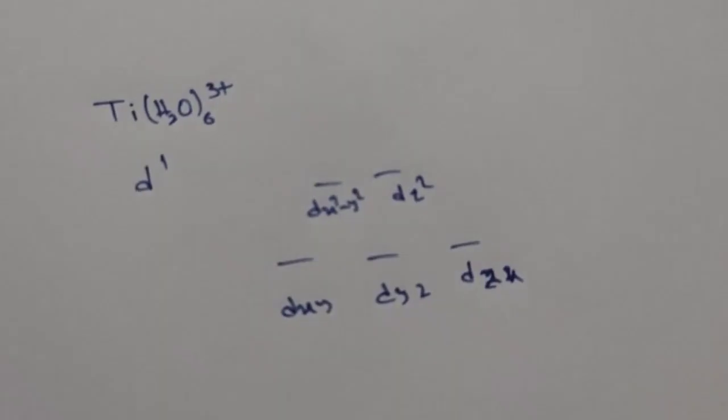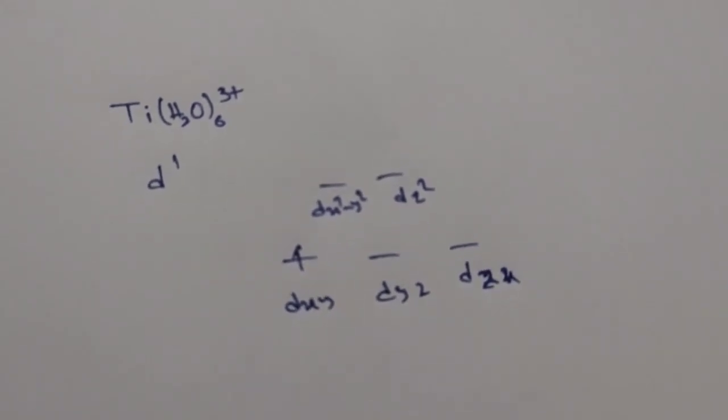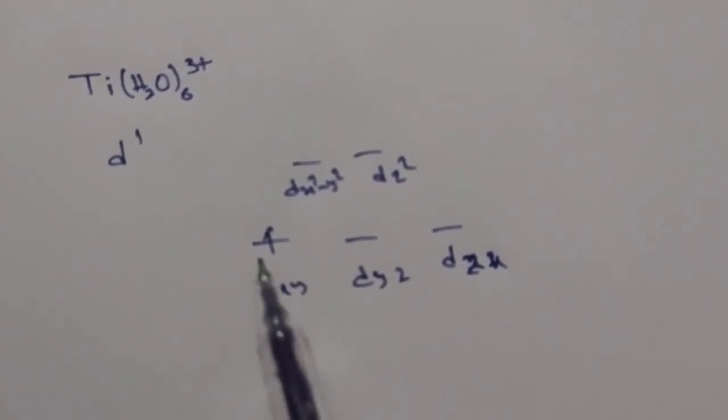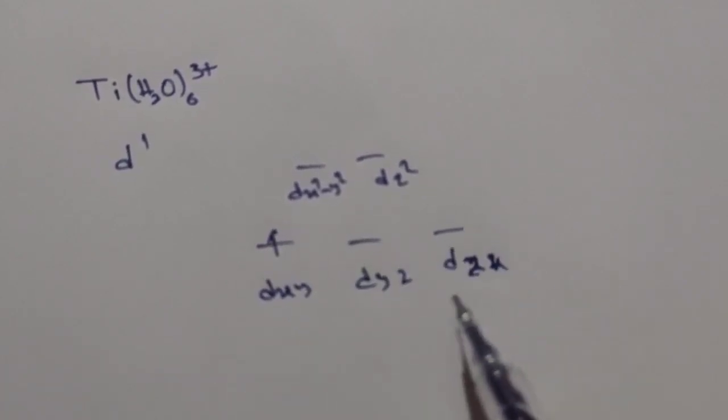Here there is only one electron, so again in the T2g level there is asymmetrical filling of electrons.